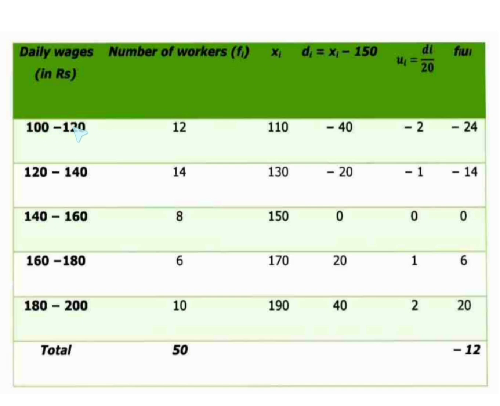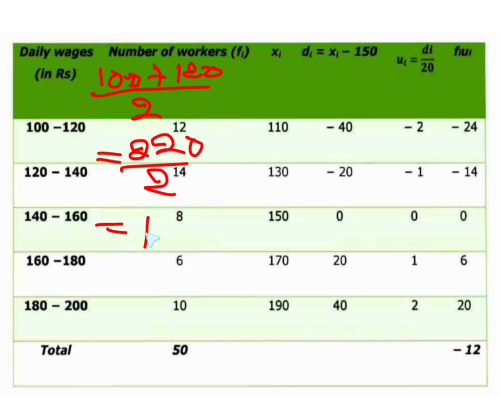For 100 to 120, the mid value is 100 plus 120 by 2, which is 220 by 2, equal to 110.